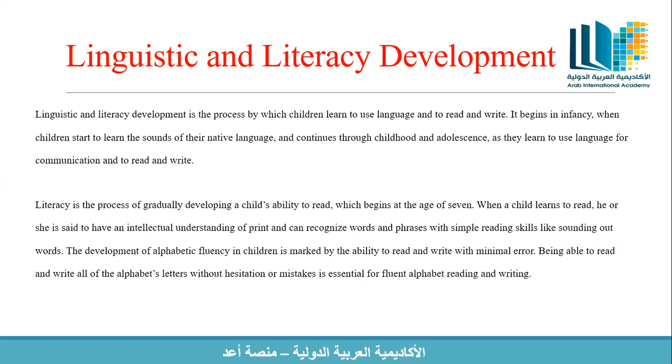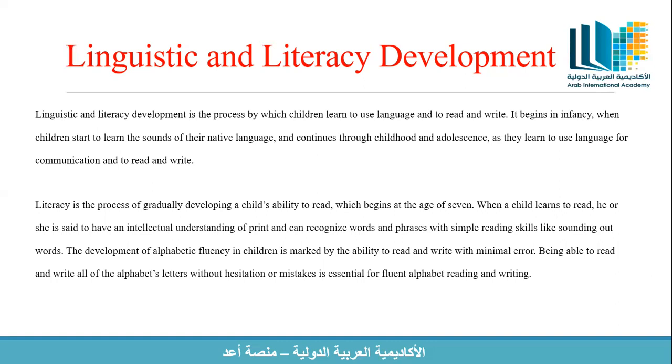They know how to read very few words and very short words. When a child learns to read, he or she is said to have an intellectual understanding of print and can recognize words and phrases with simple reading skills like sounding out words.